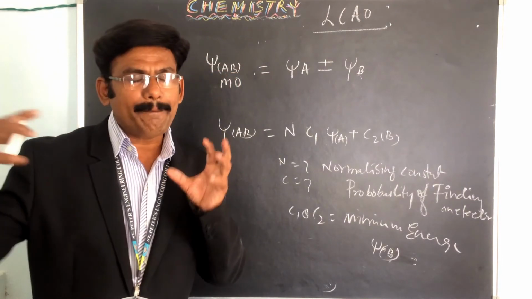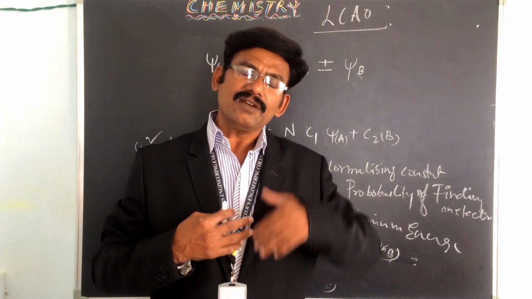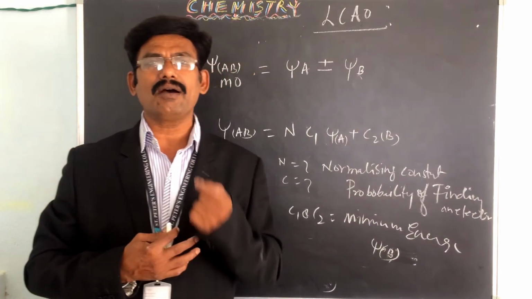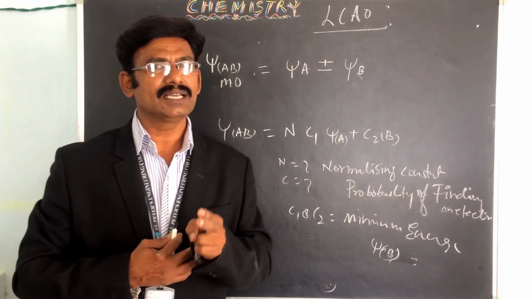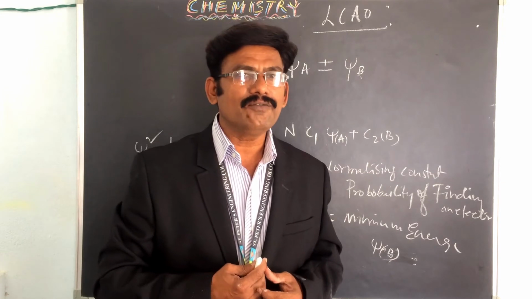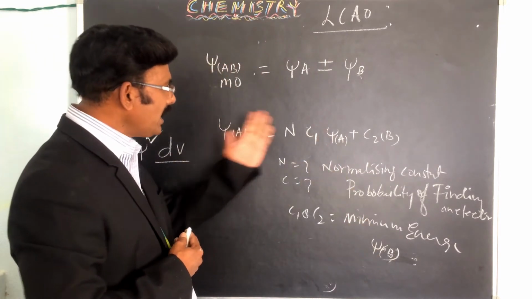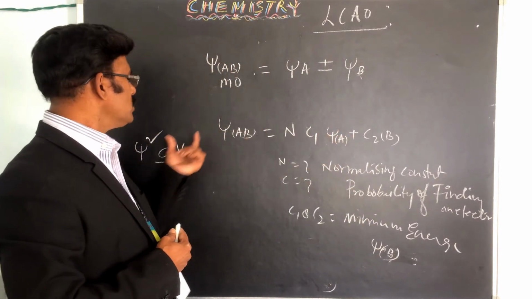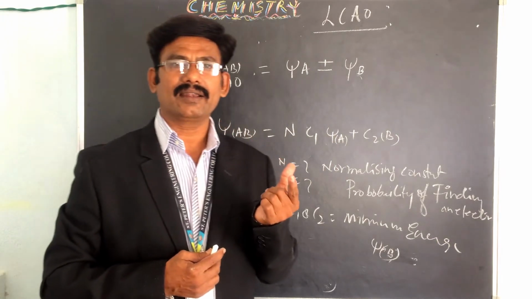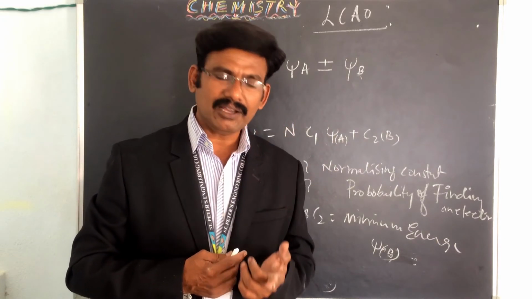The probability density for the combination of two atoms is related to the wave function squared, psi A and psi B, related to psi square. Now can you write the equation?